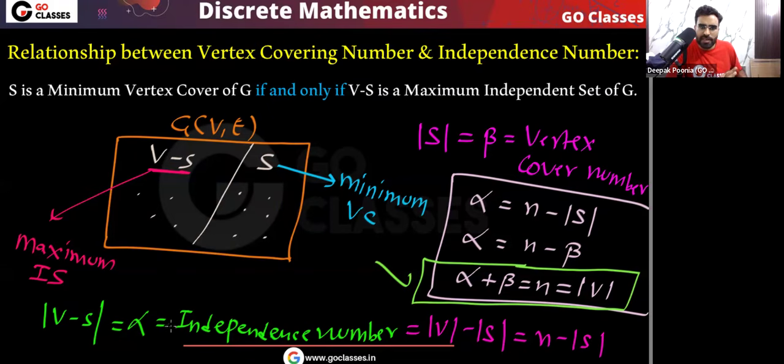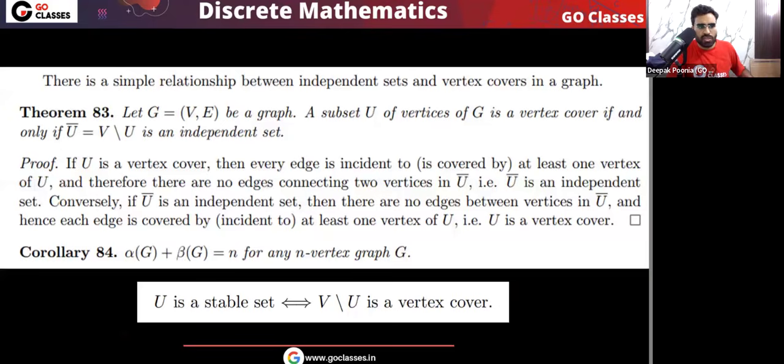The size of the smallest vertex cover is called the vertex cover number, denoted by beta. And the proof we have seen is that alpha plus beta is equal to the number of vertices in the graph. Very simple.